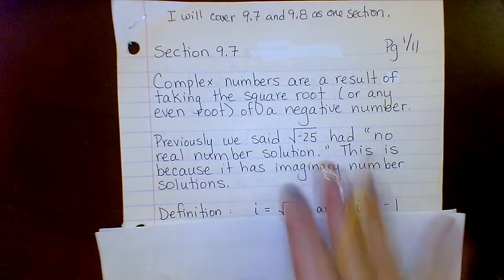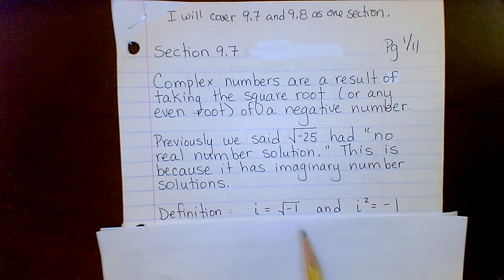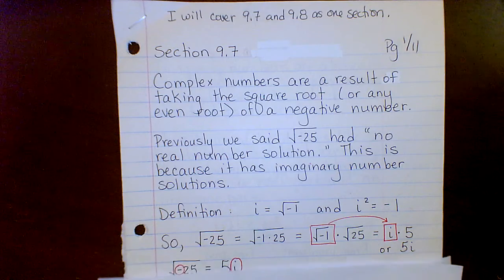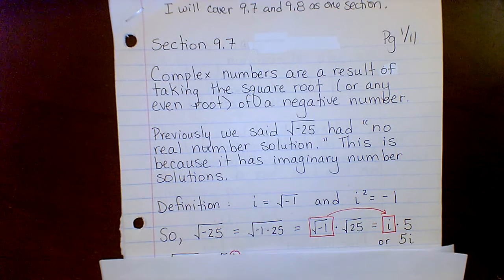For definition, we define the square root of negative 1 as being the imaginary unit i. That way, if you square i, if you square a square root, it gets rid of the root, right? So i squared is defined as being negative 1. So here's what we get.